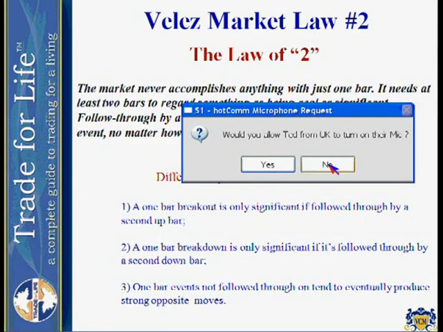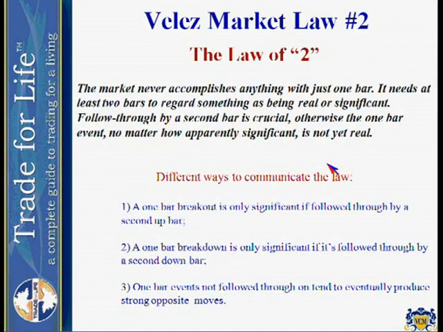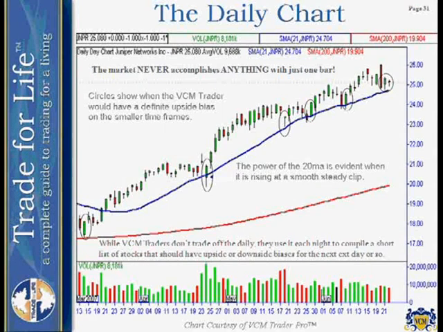Now, here's what a true penetration is. In order for this to be a penetration, you need the initial poke-through bar. Where the arrow's pointing to is the initial poke-through bar. That's criteria 1.